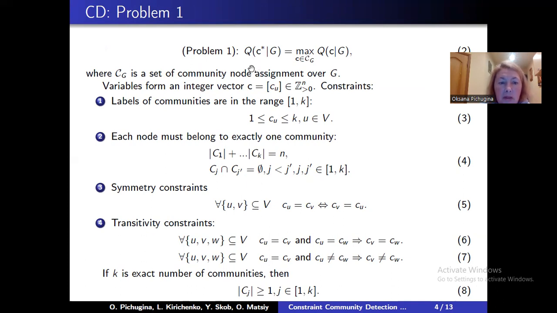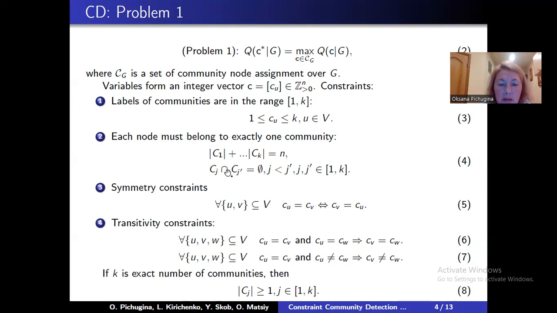Variables in this problem form integer vectors representing communities, and there are some constraints. First, labels of communities have to be in the range 1 to K. Second, this is a partition, so constraint 4 must hold.